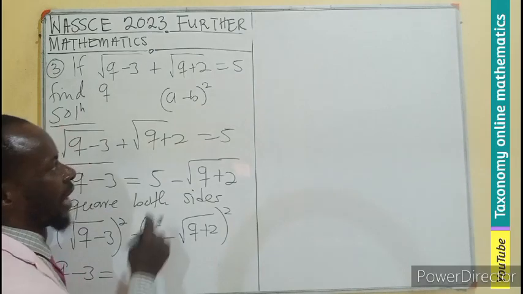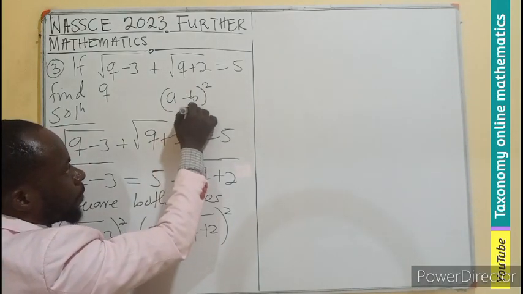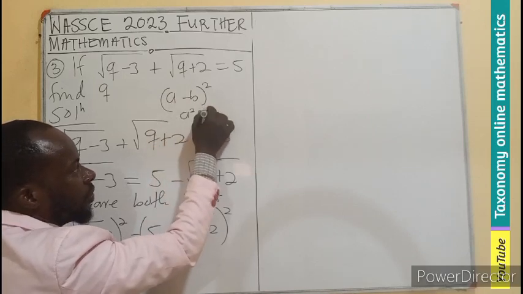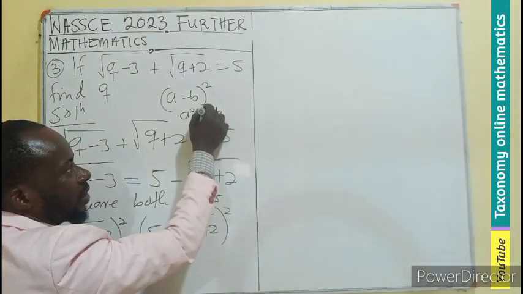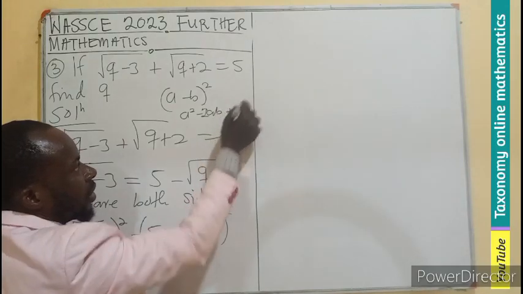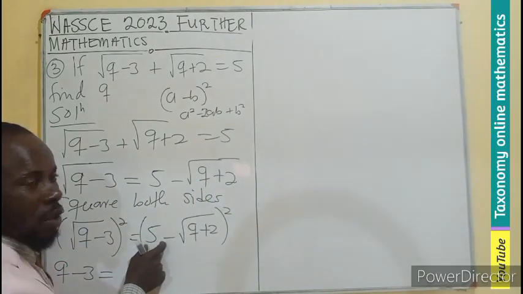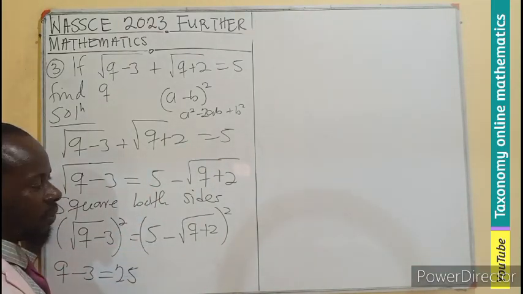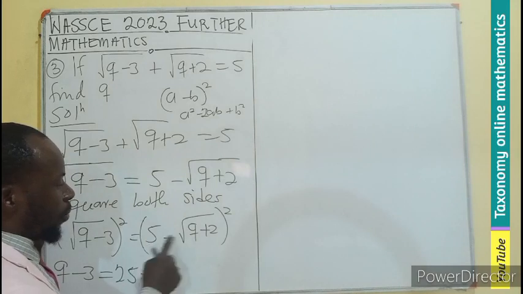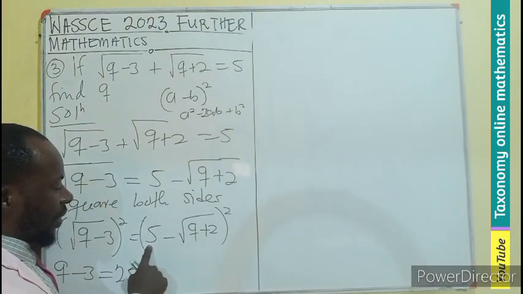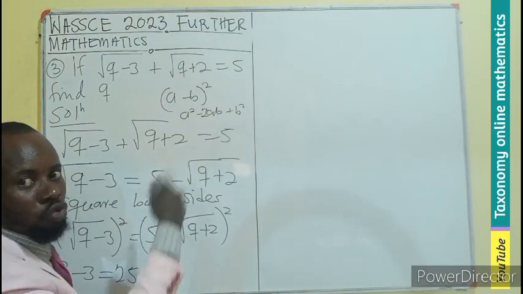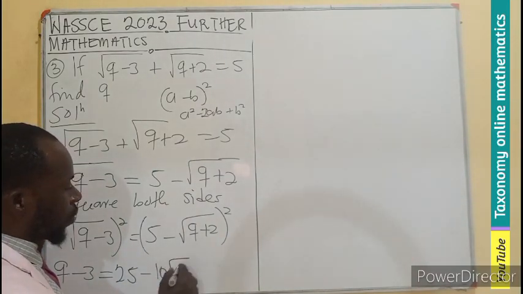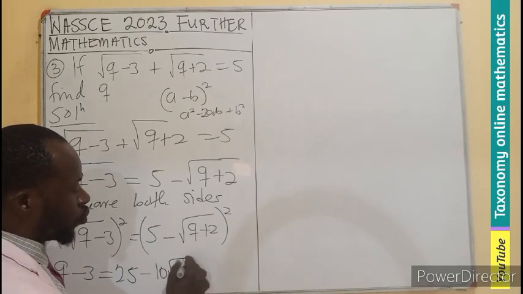And how do we expand that? We square the first term, then twice their product, meaning the product of this will be negative ab, twice of that, then you square the last one. So you square the first one, meaning 5 squared, which gives us 25, minus the product of the two, which will be negative 5 times the root, twice of that becomes negative 5 times 2, so negative 10 root of q plus 2.